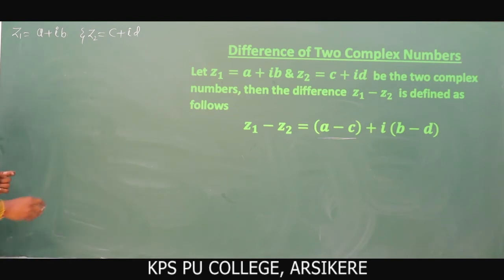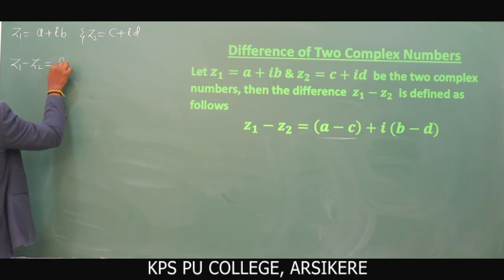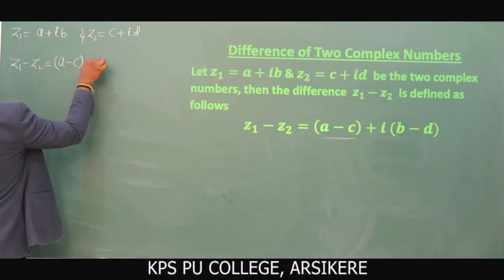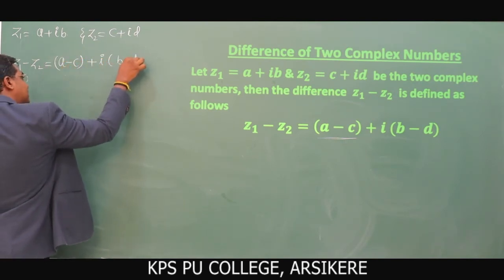How to find the difference? Z1 minus Z2 is equal to A minus C plus I into B minus D.